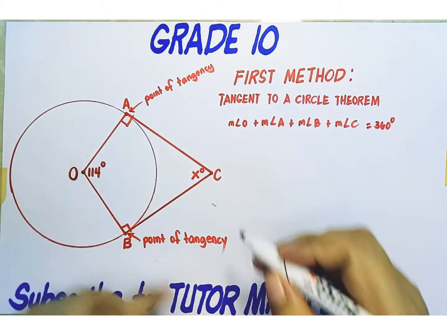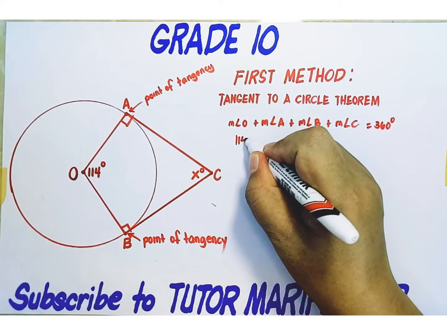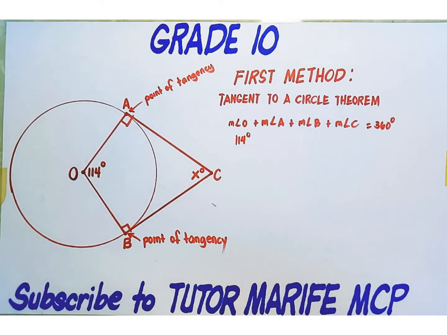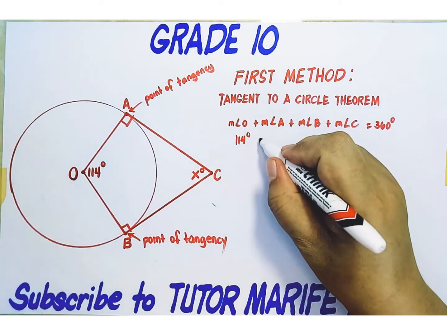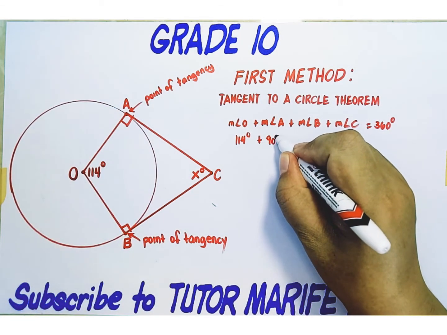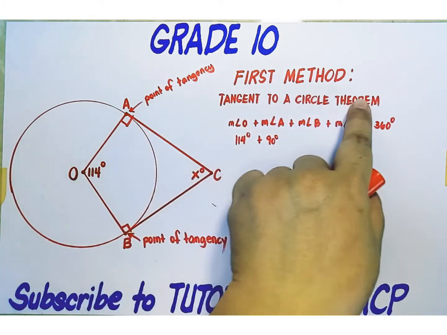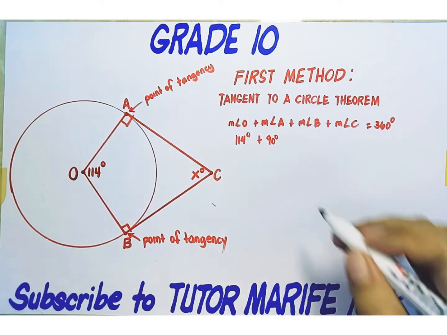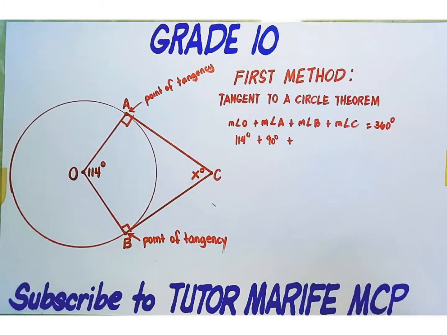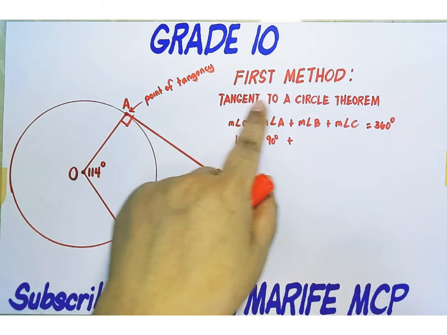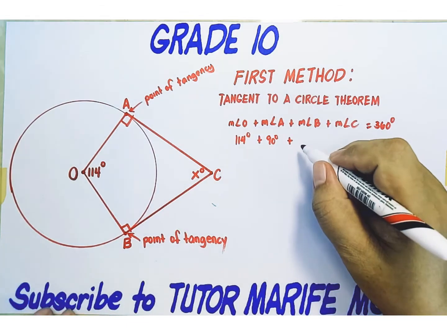Measure of angle O is given. It's equal to 114 degrees. Measure of angle A is equal to 90 degrees by application of the tangent to a circle theorem. Measure of angle B is also equal to 90 degrees. Again, application of the tangent to a circle theorem.